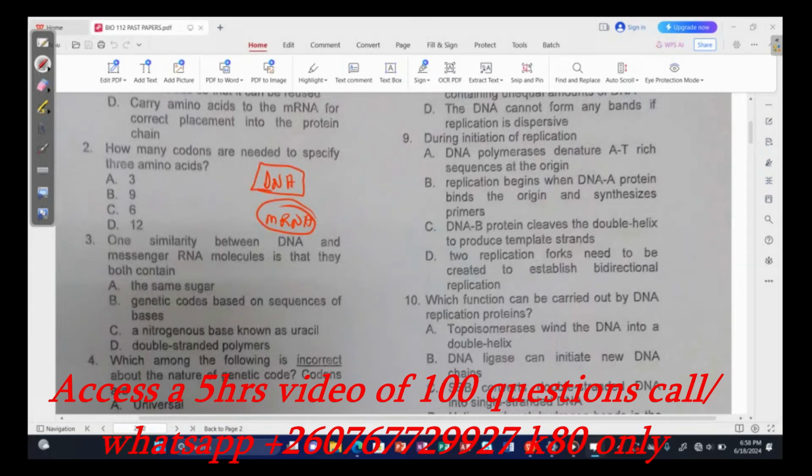And the genetic code on the mRNA is based on the bases from DNA. So that is the relationship between the two. The correct answer there is option B. We'll move on to question 4.